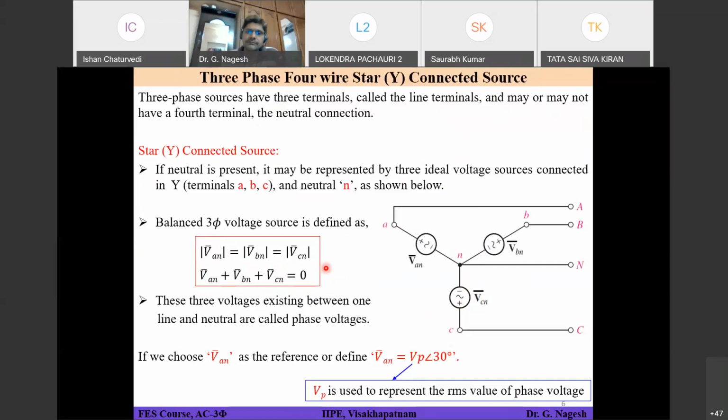This third condition is nothing but the 120 degrees phase shift that we have already discussed, which can also be stated in this fashion: the phasor addition of VAN, VBN, and VCN is equal to 0. So if these conditions are satisfied, we can call that source a balanced source.